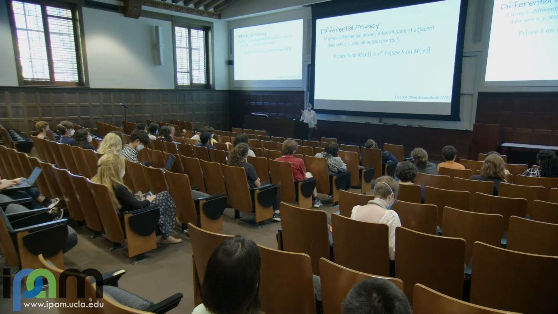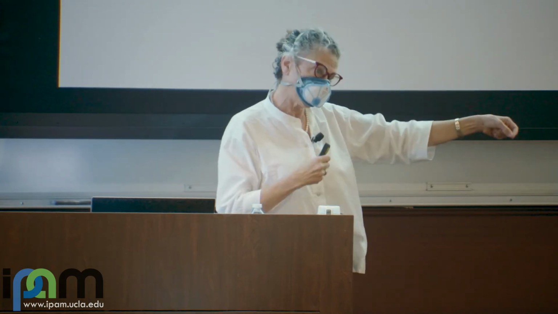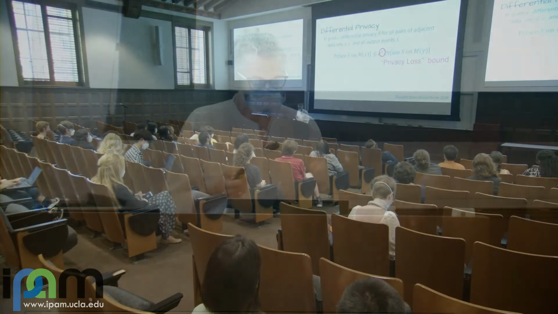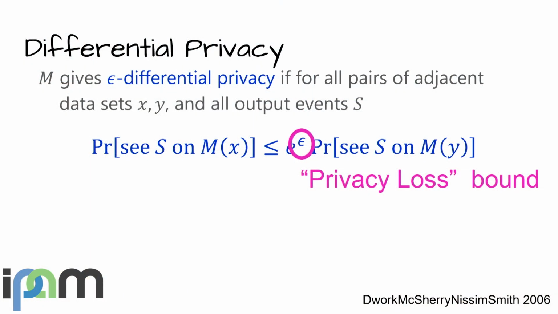The role of X and Y is completely symmetric here. So we have this inequality, but we also have the same inequality if we swap the roles of X and Y. Now, epsilon, as I said, controls how much privacy loss there could possibly be. So this is the privacy loss bound.